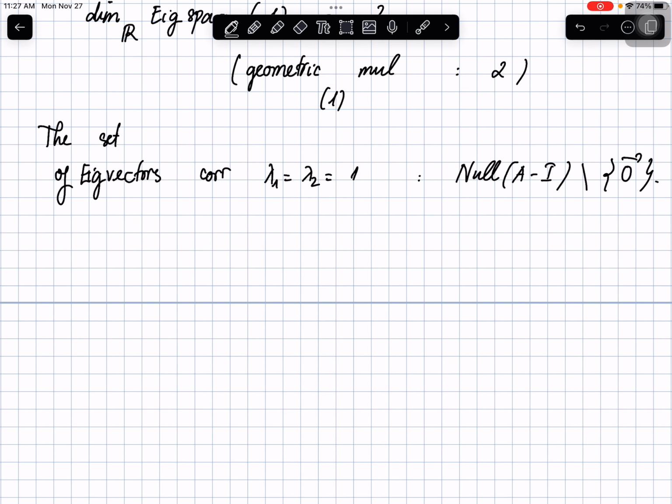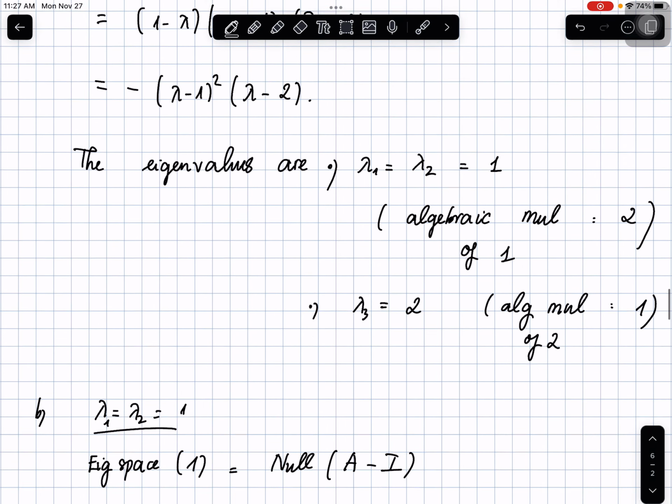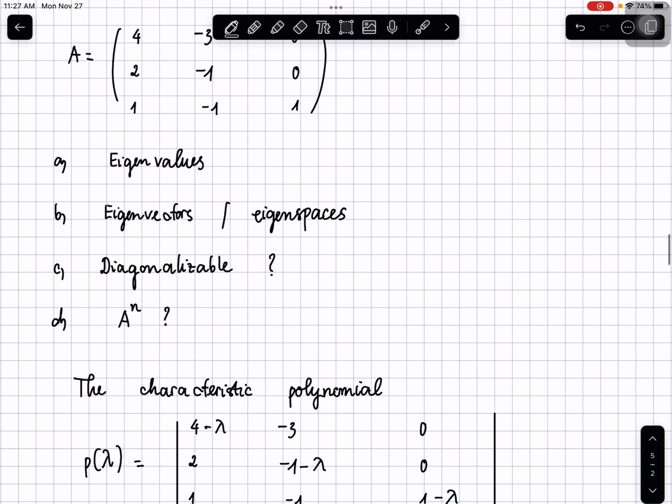What is part C? We didn't finish part B for lambda 3 equal to 2. So we have this matrix.